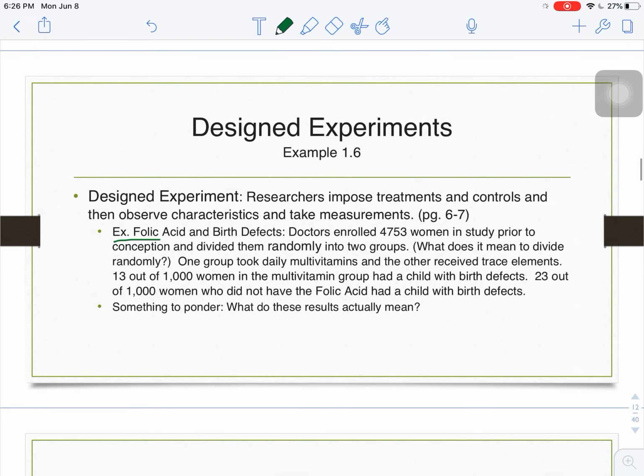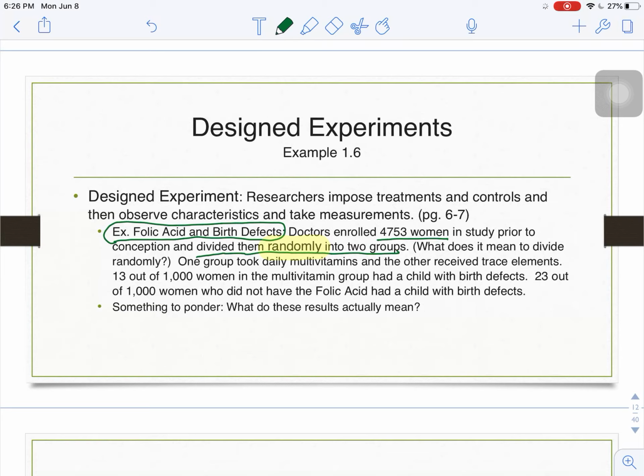So for a designed experiment, here we're looking at folic acid and birth defects. When women are pregnant, does it actually affect whether or not they're going to have a birth defect if she's taking folic acid? So here we study 4,753 women, and we divide them randomly into two groups. I'm going to tell you right now, you are going to hear simple random sample. That is going to be the best way of doing your statistical data.